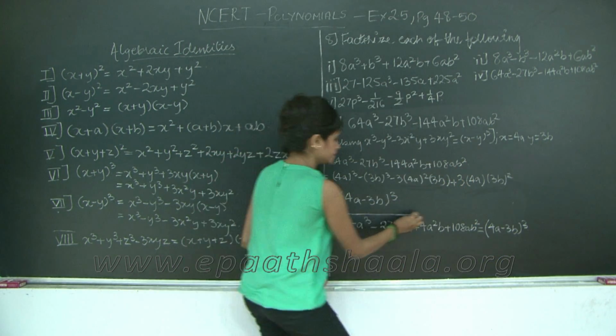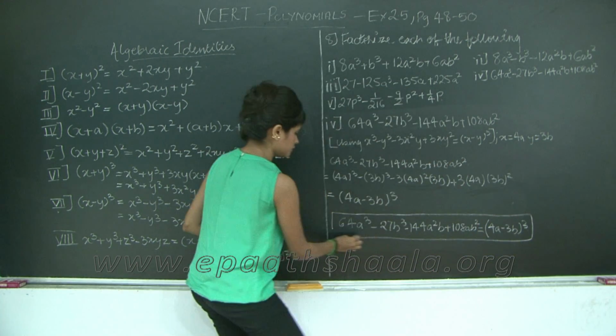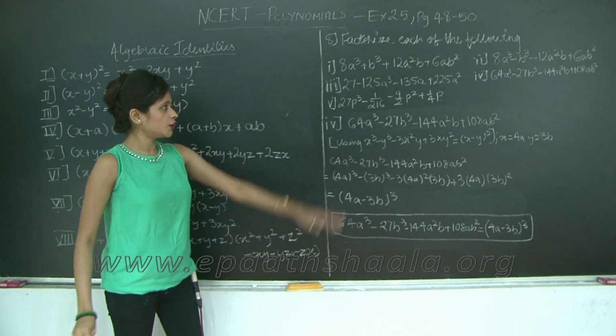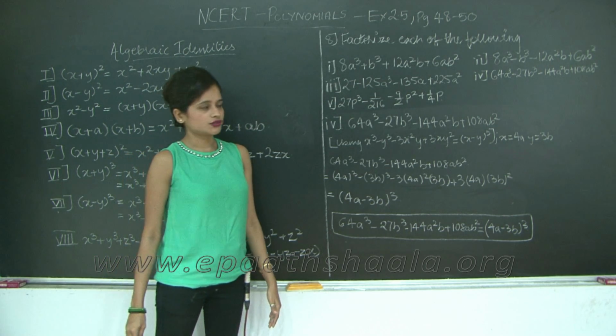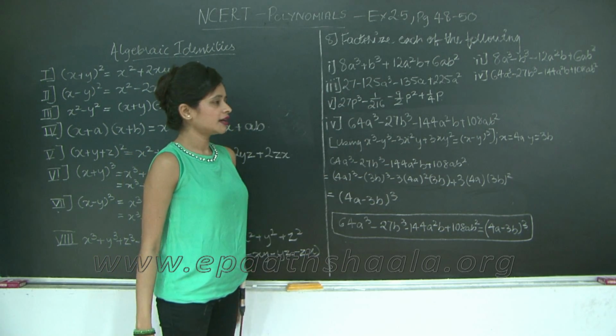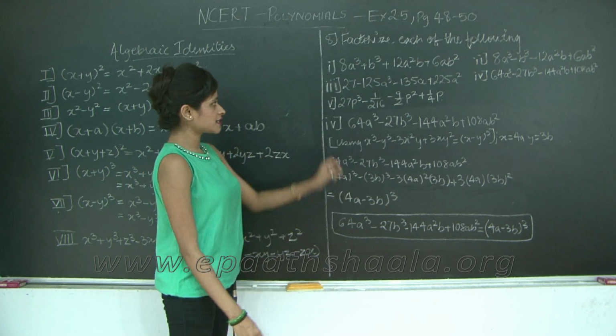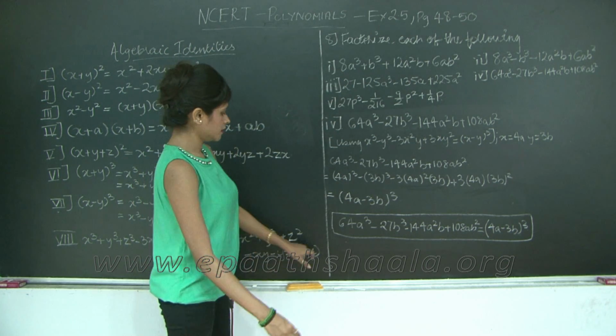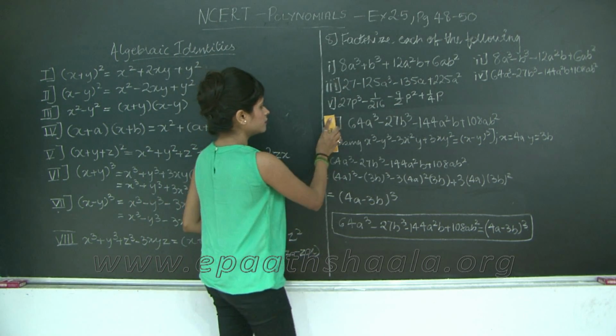Boxing my answer. Here we have found the solution to my fourth question, right? Now let us proceed with the last sub question of question number 8. That's the fifth one.